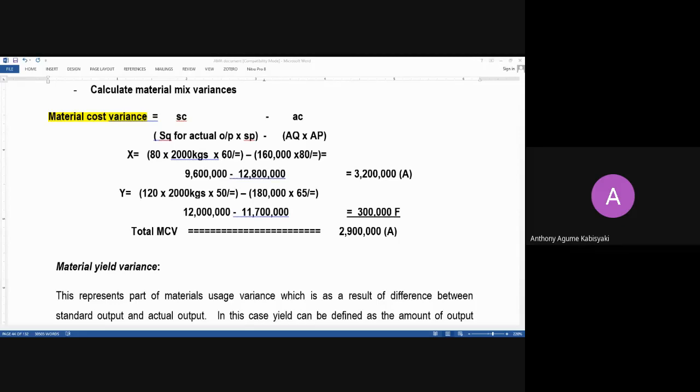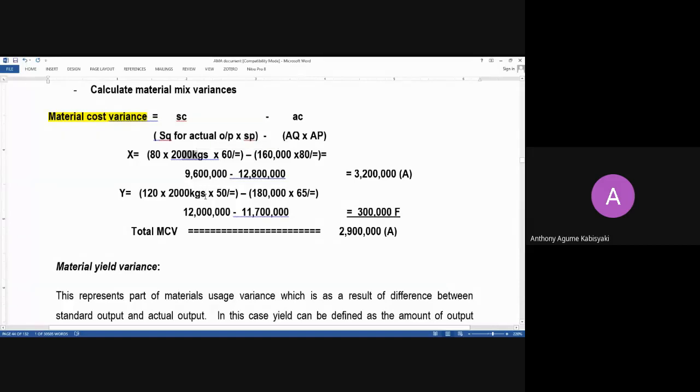Why have you multiplied 20,000 by 80,000 by 80 by 60? I thought we were doing it this way: 80 times 60 minus 160. No, here we need the standard quantity for actual output. And you see the actual output was 2,000.